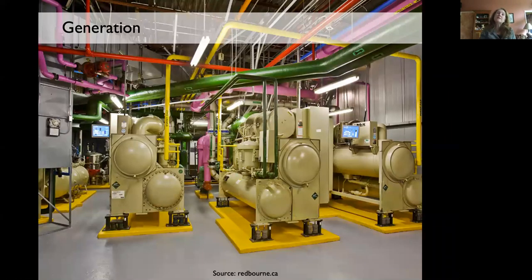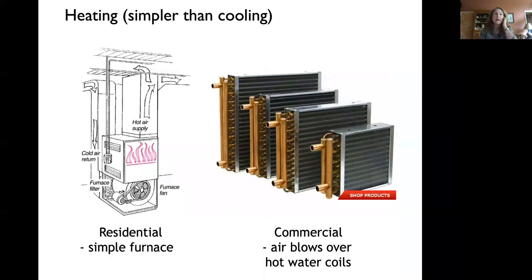All right, so let's start with generation. With generation, we're going to talk about generating the heating and cooling. In general, heating is much simpler than cooling. So I'm going to focus here on the cooling system. In residential heating, you just might have a simple furnace.